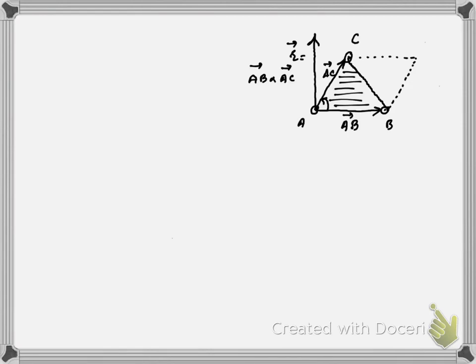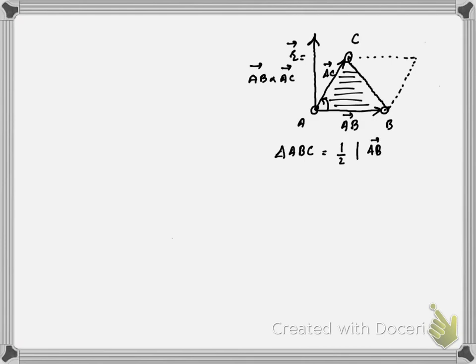It is the direction, and its magnitude gives us the area of this parallelogram. So the area of triangle ABC is equal to half of the area of the parallelogram.